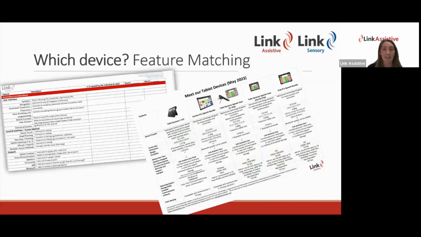Or they might need something with a larger screen, so the SpeechCase 10.2 might be better versus the SpeechCase Mini. So it's always important to look at your client, look at what they need to communicate about, where they are communicating, and what features they require.